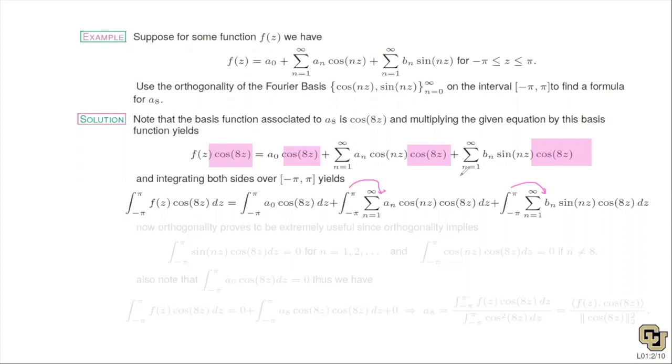And now I want to show you the orthogonality kicks in big time. If we look at these integrals, all of the integrals that are sine times cosine are 0 because of the orthogonality. These completely disappear and 0 out.